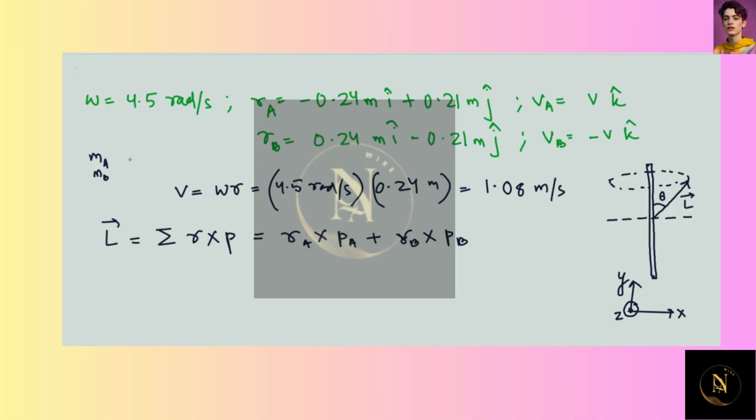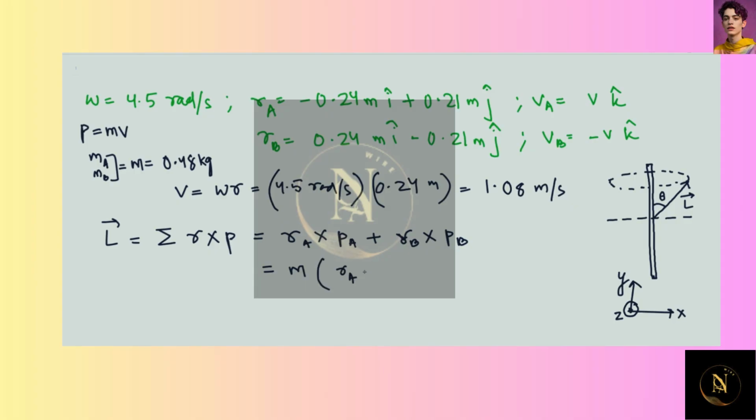And since the momentum is mass times velocity, and here both the masses have the same value, which is given to be 0.48 kg, let's take the mass common from both the expressions.